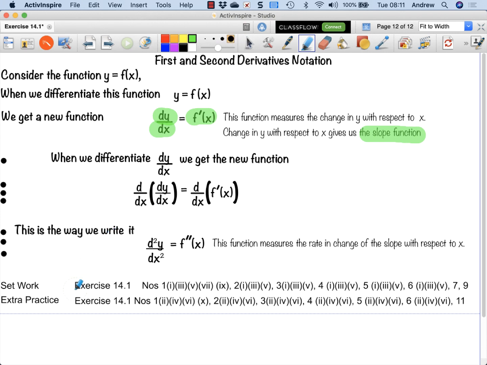What I want everyone to do is to do this exercise here. Now, just to draw your attention to it, all that is very doable. 7 and 9 is the very last example. It is the differential equations, and that's the H1 material. Okay, thank you.